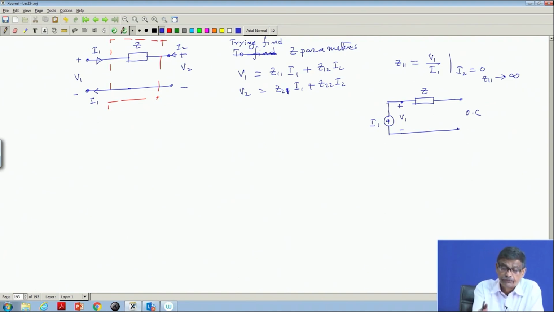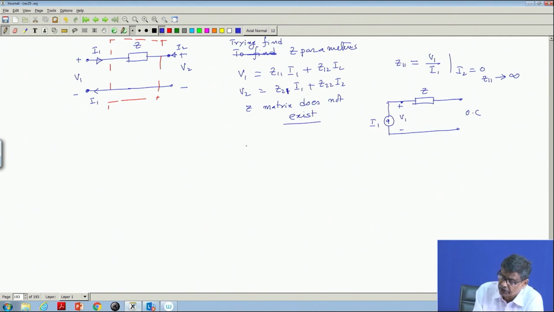We will say for this simple two port network the Z matrix does not exist. It is not possible. Z 11 is infinity.